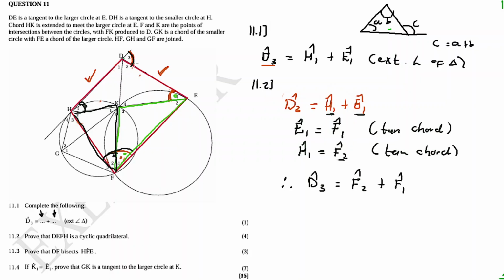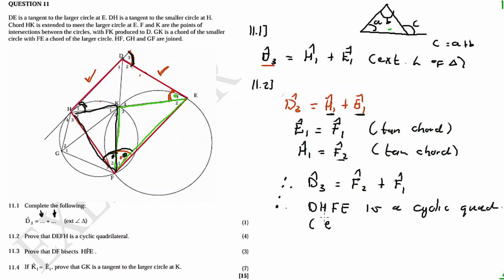So my D3 is equal to F2 plus F1. Voila. Therefore it means that DHFE is a cyclic quad. How did I prove this?